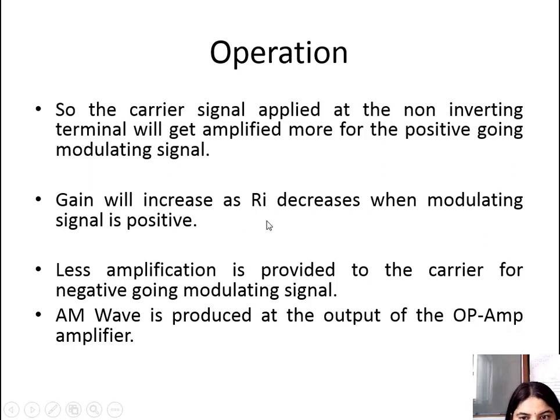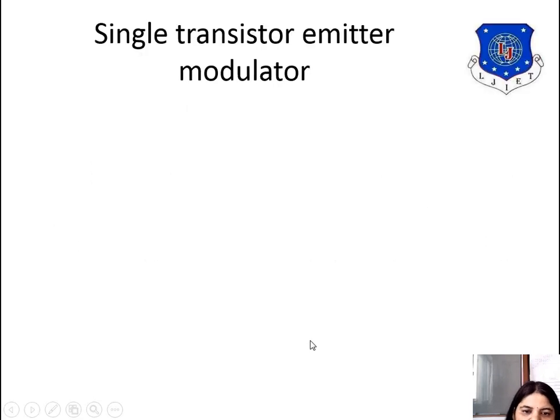Gain will increase as Ri decreases when the modulating signal is positive, and less amplification is provided to the carrier for the negative going modulating signal. So this way we can produce the AM output.